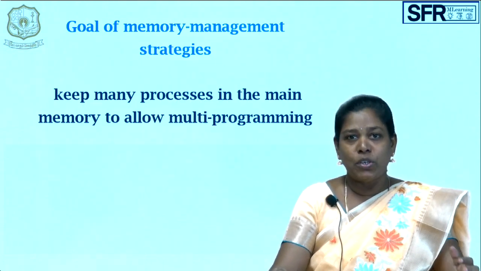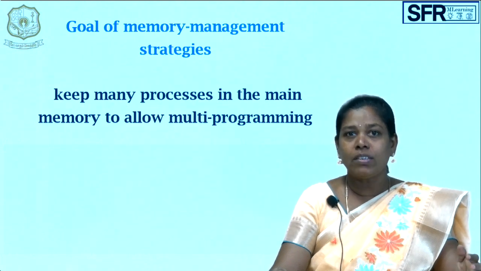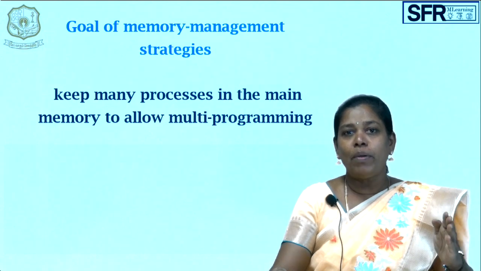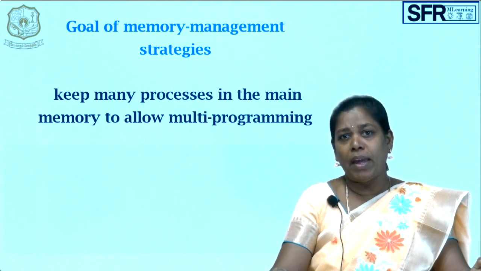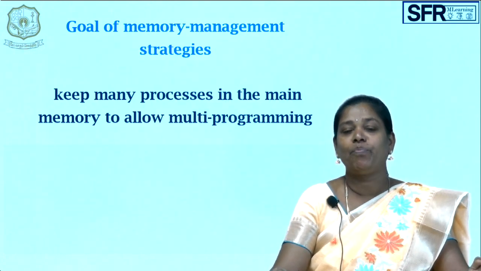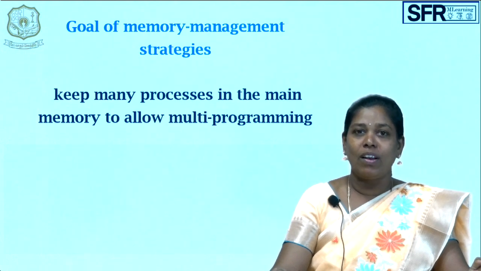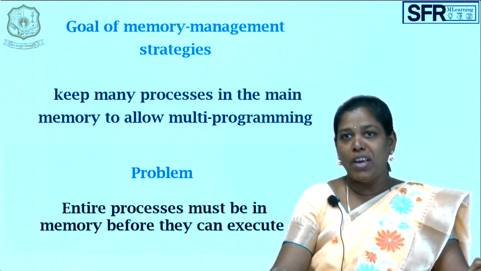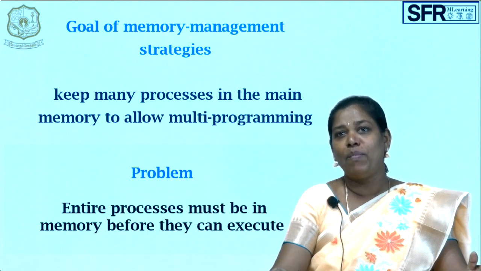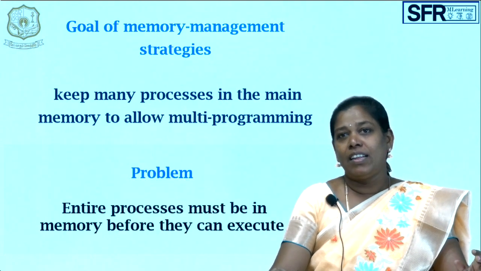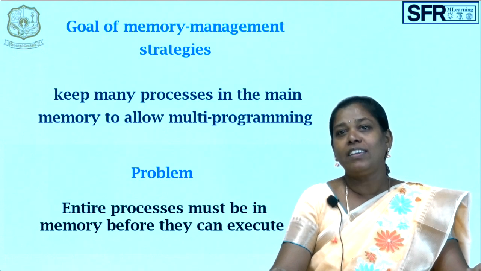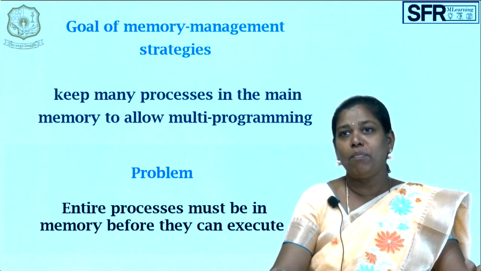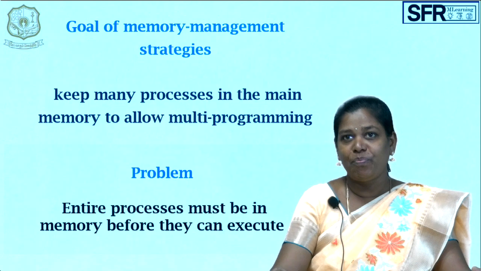To achieve multi-programming, the operating system tries to bring more processes into the main memory at the same time. And this concept is called multi-programming. To achieve a higher level of multi-programming, the OS tries to bring the entire process into the memory before execution.